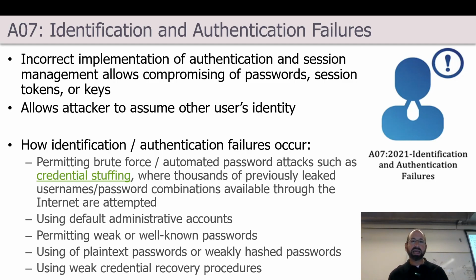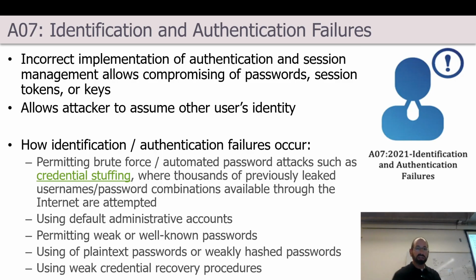The idea here is that if you have some sort of incorrect implementation of authentication or session management, there could be some separate type of compromising of passwords, session tokens, or keys, and then there's some sort of identity failure associated with that. There's all sorts of ways that these can occur separately and independently of issues with regards to the implementation of password security in the first place.